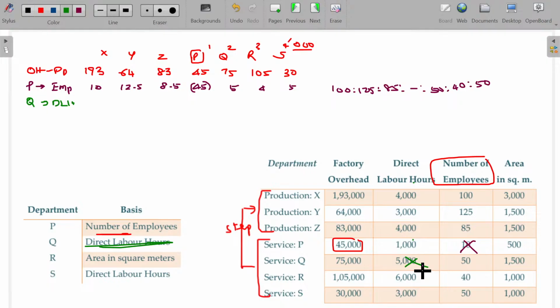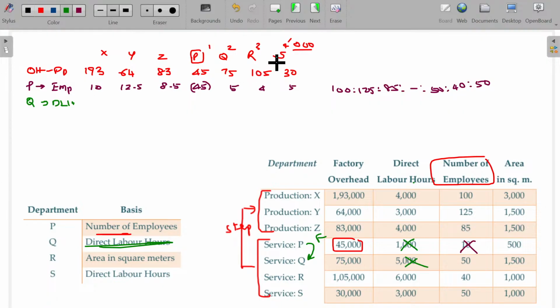As we follow the step method, P has rendered service to Q, and Q has rendered service to P. But the service rendered by Q to P is insignificant, so don't consider this support. Because of that, Q's overhead will not be reallocated to P. So remove that one also. Is that the logic? This is the logic. Small support.